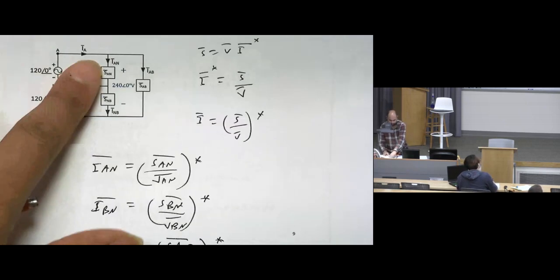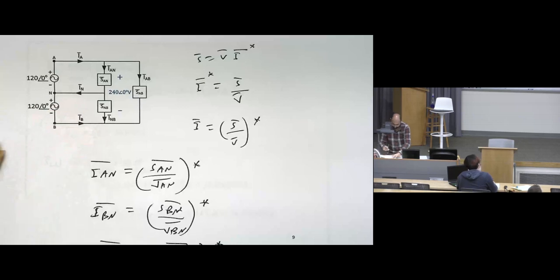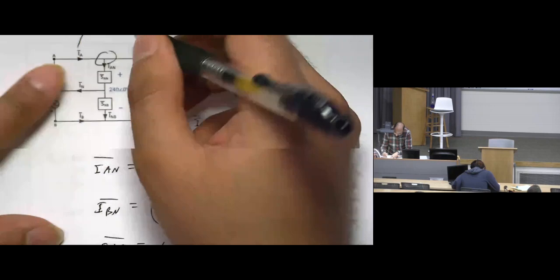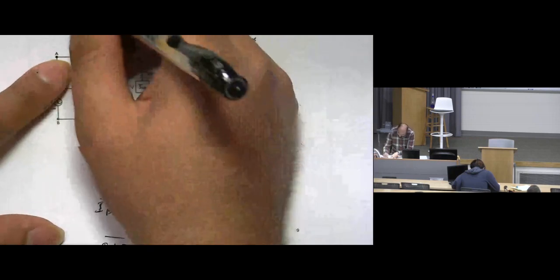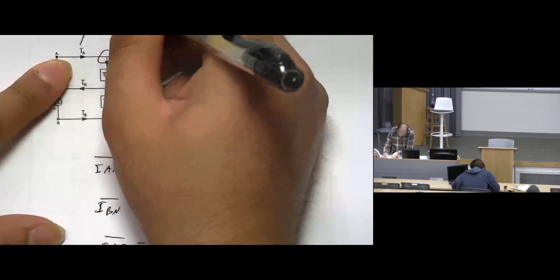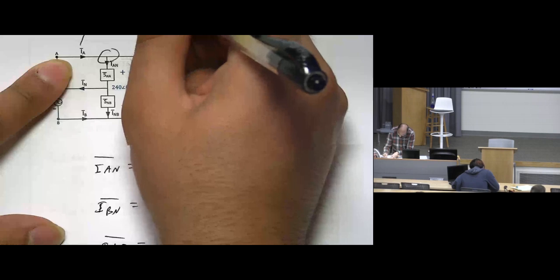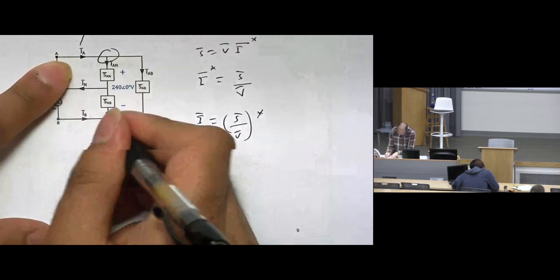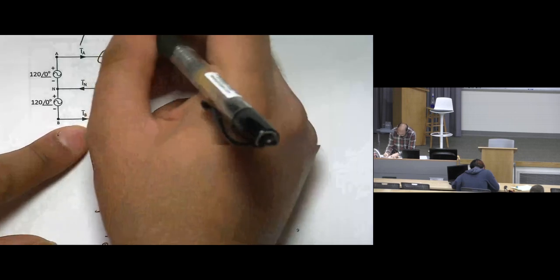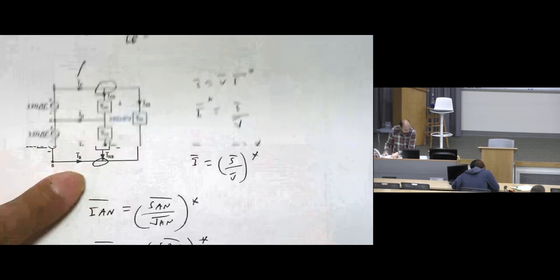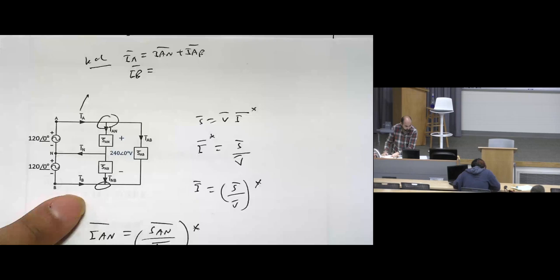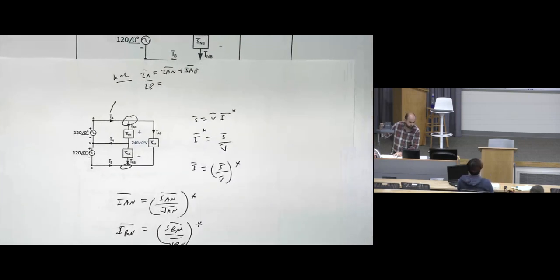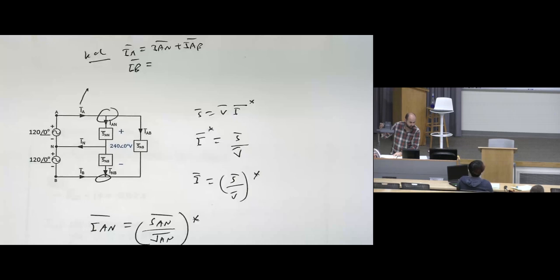After that, we need to find IA, IN, IB. We can apply KCL here. By applying KCL, IA will be IAN plus IAB. How about IB? Let me make it clear. I'm sorry for the inconvenience.